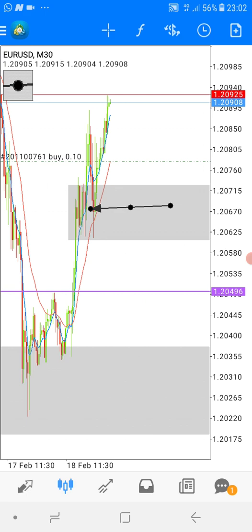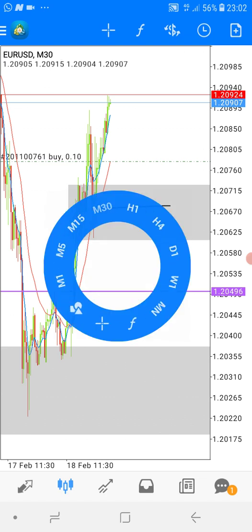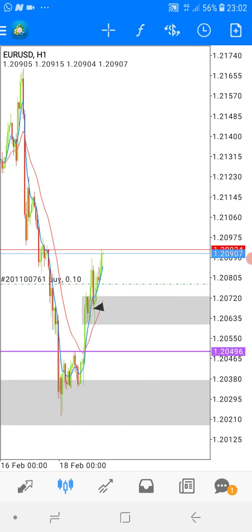It gave me a zone here, which was essentially where my higher high and my higher low formed. So this is a zone, but it's much clearer on the H1. So I took the demand zone right here, and price shot up. Well, I entered a little late, but this was just a test of a zone and I entered there.